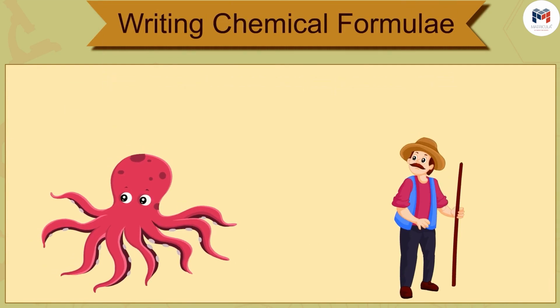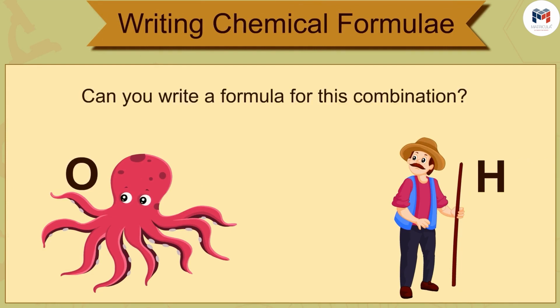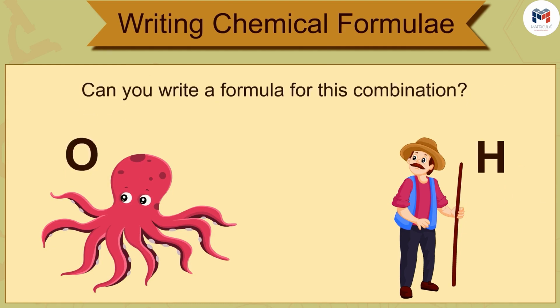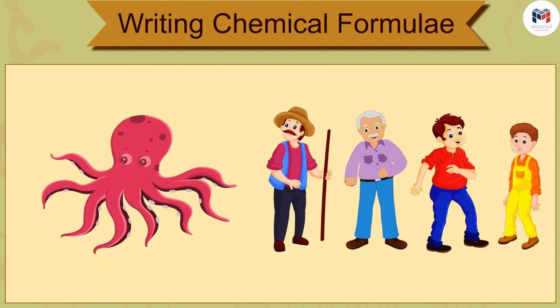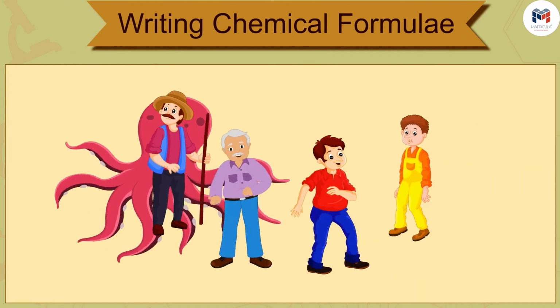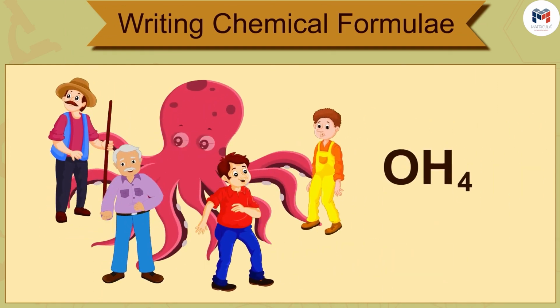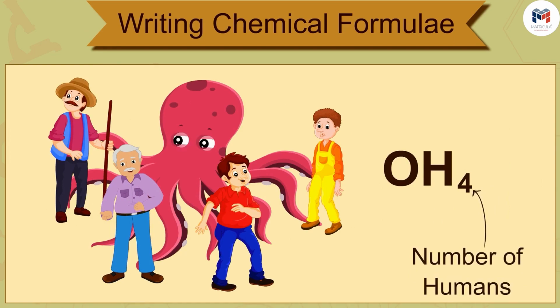If we represent octopus as O and humans with H symbols, can you write a formula for this combination? The octopus can hold up to 4 humans. Therefore, we can write its formula as OH4, where 4 represents the number of humans captured by the octopus.